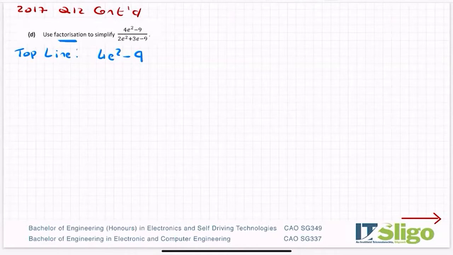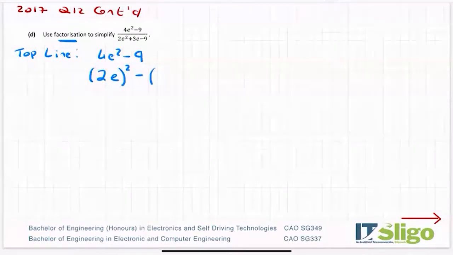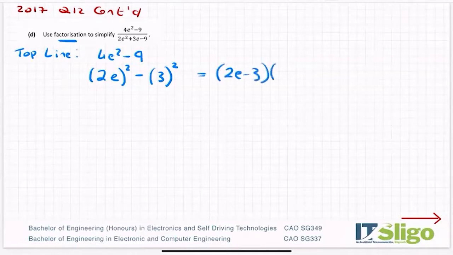The 2019 question had one, and you will see that 4 is a perfect square number. So we write it like that. Okay, it's what squared gives me 4e squared minus what squared gives me 9. Okay, and the formula for this one then is 2e minus 3, 2e plus 3.